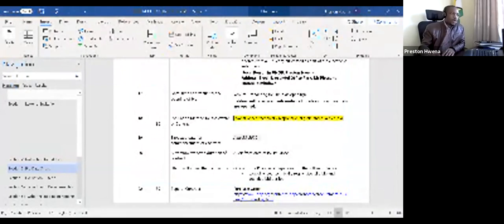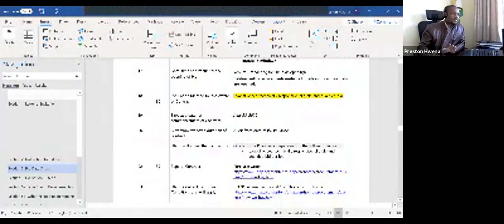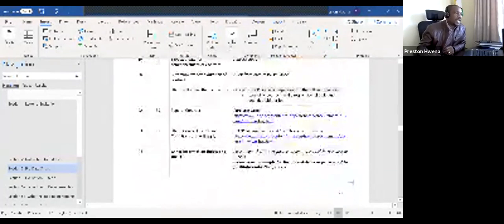So UNDP will award a contract to the lowest priced, technically responsive, eligible, and qualified bidder, and will issue a purchase order. And this purchase order will be guided by our UNDP terms and conditions of doing business.